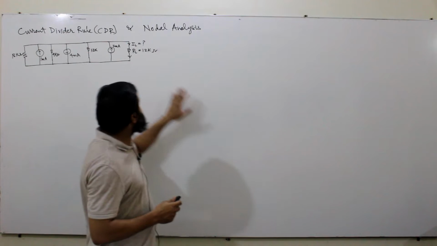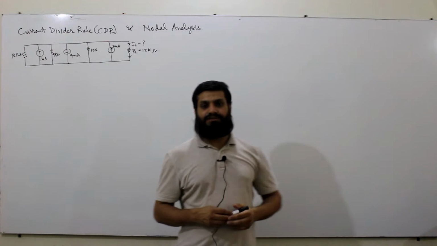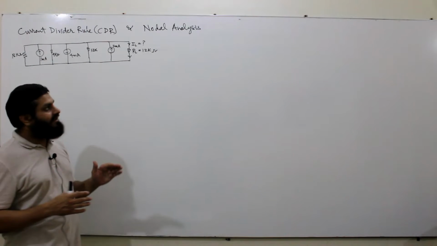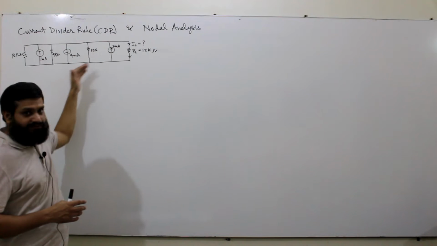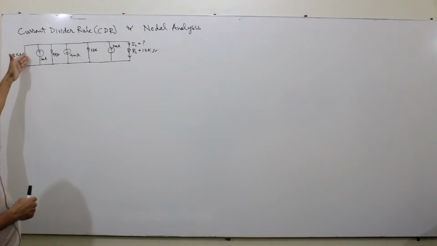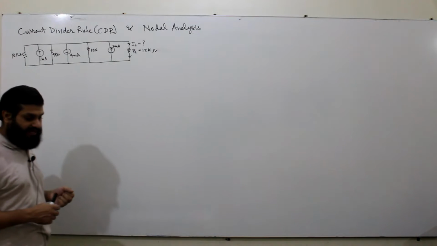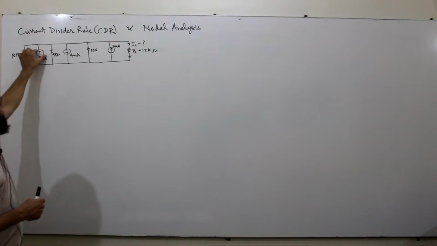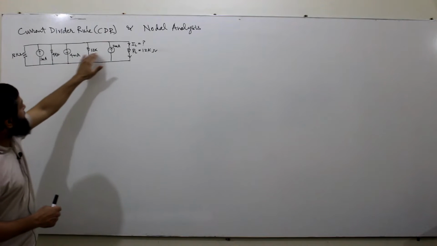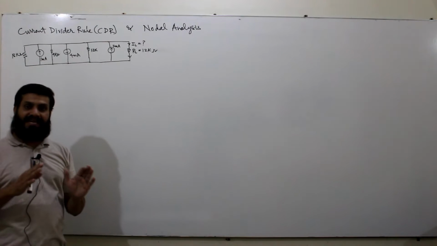So today our topic is the current divider rule. First of all, what is the current divider rule actually? For example, this is a circuit we have today, and we are going to solve it as well. In this circuit, we have resistors and current sources connected together in a particular configuration, and these current sources are sharing their currents with these 1, 2, 3 and 4 resistor elements.